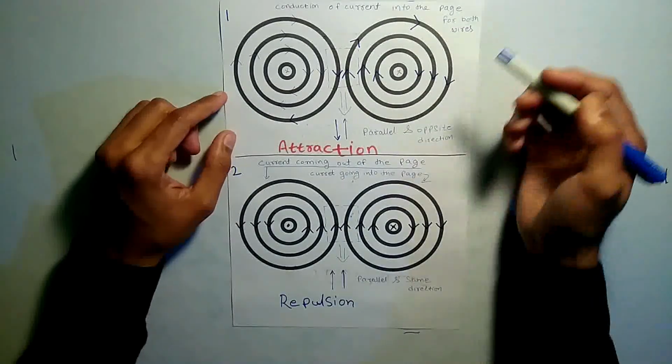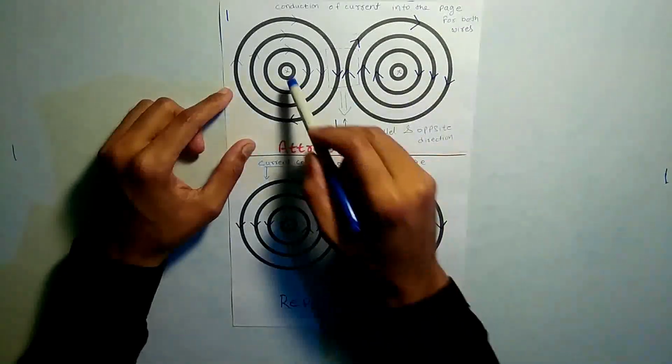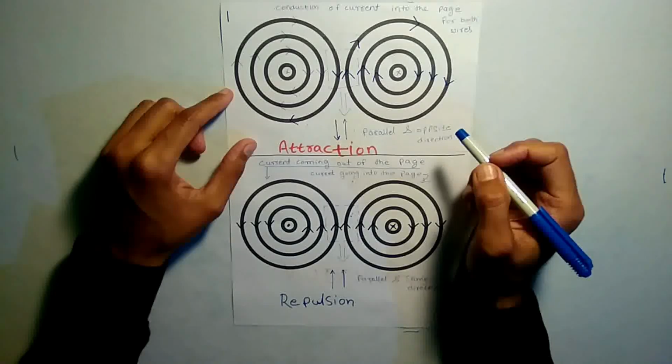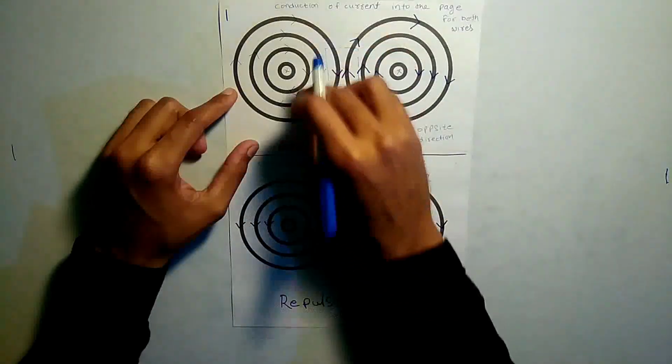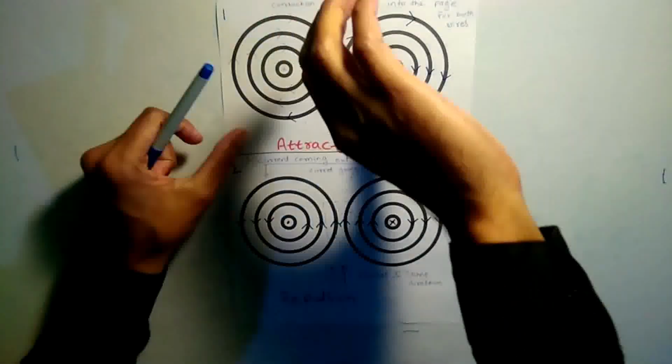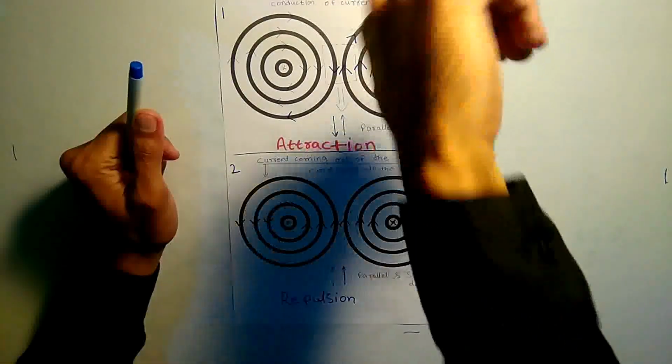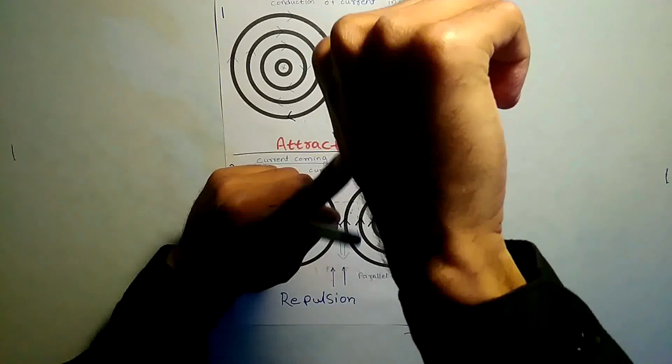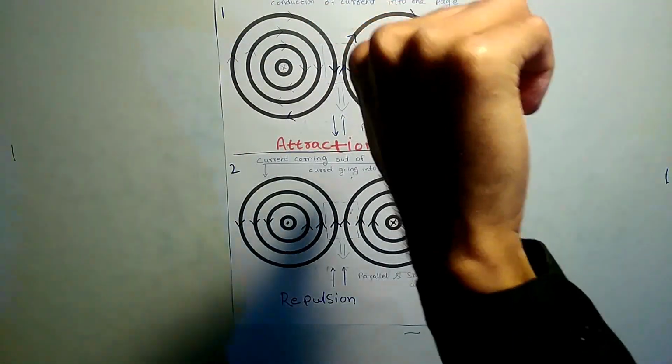So, according to right hand thumb rule, both the conductors will create a magnetic field in clockwise direction. The thumb is representing the direction of current.